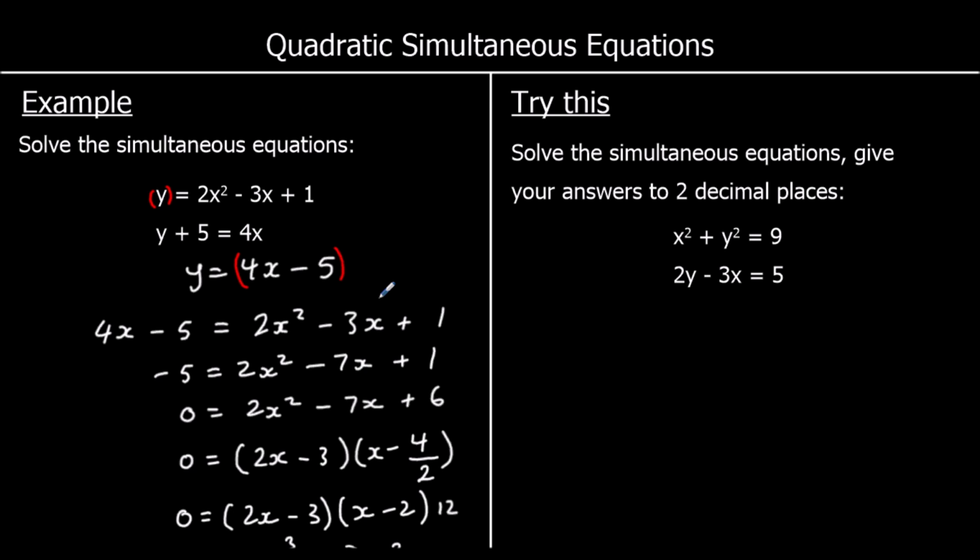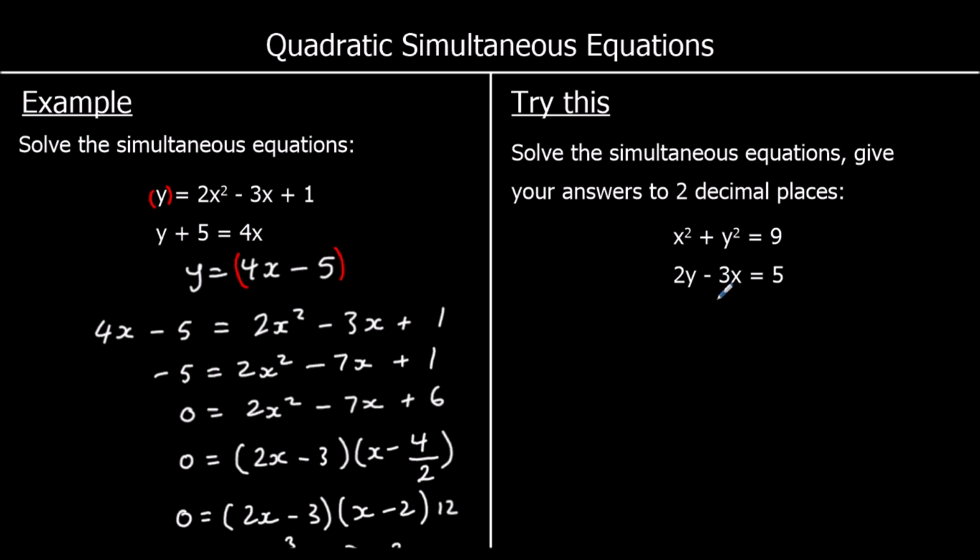And another question, this time it says give your answers to 2 decimal places. So that means we're going to be using the quadratic formula to solve it. So let's make our linear equation, the second one here, either x equals or y equals.